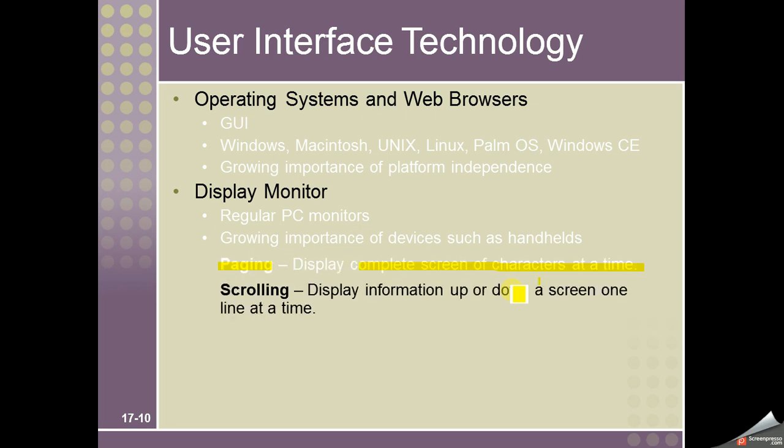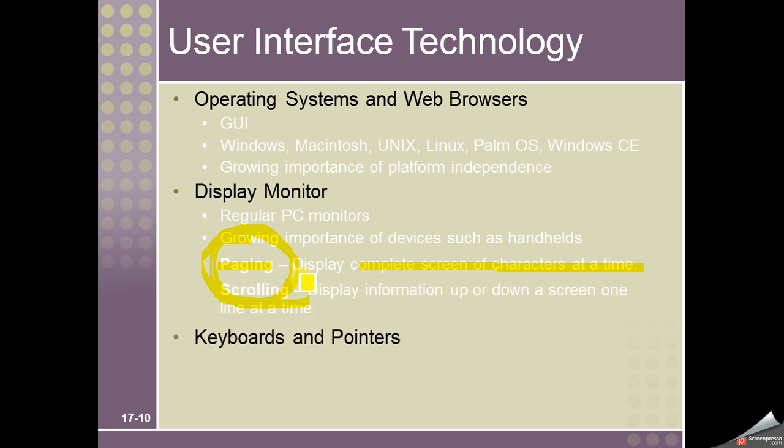Or we can use scrolling, in which one or a few lines are scrolled down to show another part of the interface. So by using these two techniques, paging and scrolling, we can design large user interfaces for smaller form factors or smaller display screens.